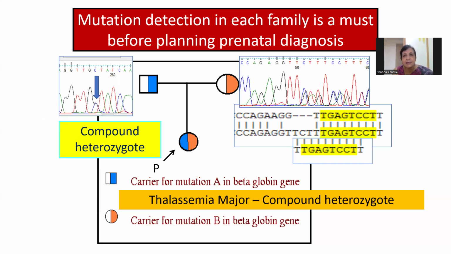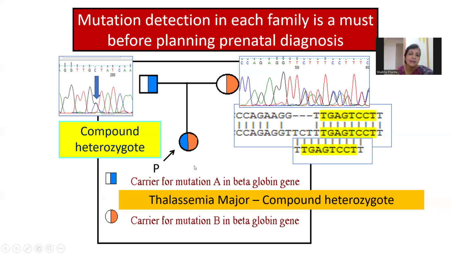But if a family has one child with beta thalassemia major, they naturally would want the second child not to have the disease. Then during the next pregnancy, to provide prenatal diagnosis, you have to know the mutations in the child. Though we call them homozygous, most children with thalassemia major have two different mutations: one inherited from the father may be different, and the other inherited from the mother, which is a deletion in this case, may be different.